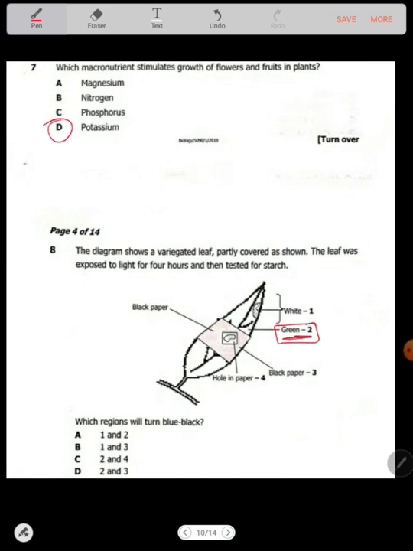That means light is reaching that part down there. But again, there's black here. Black is a good absorber of what? Of heat. So because there's a hole here, this light is hitting the leaf directly. So the answer will be C.